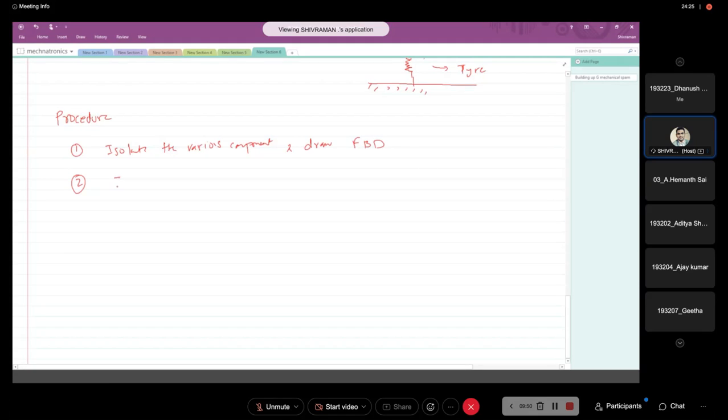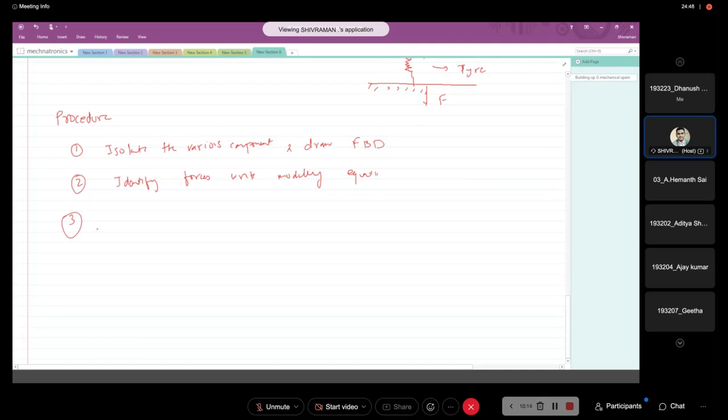Then identify the forces and write the modeling equation. What are the different forces involved? Let's say if you consider the tire, you have force F here and only the spring force here. So you can identify two forces here.